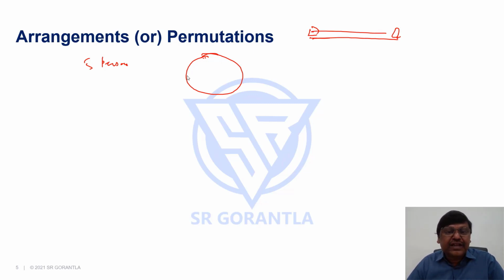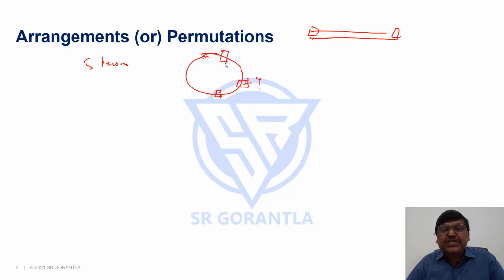Since it is a circle, first you take one person and make him sit anywhere. Suppose one person is sitting here. For someone to sit to the right of him, there are 4 options. Any of the remaining 4 people can be seated.